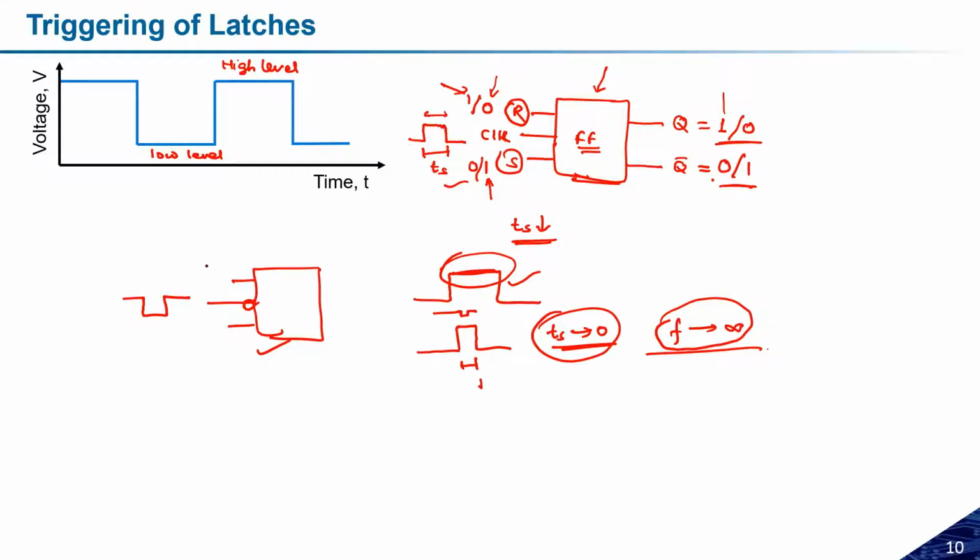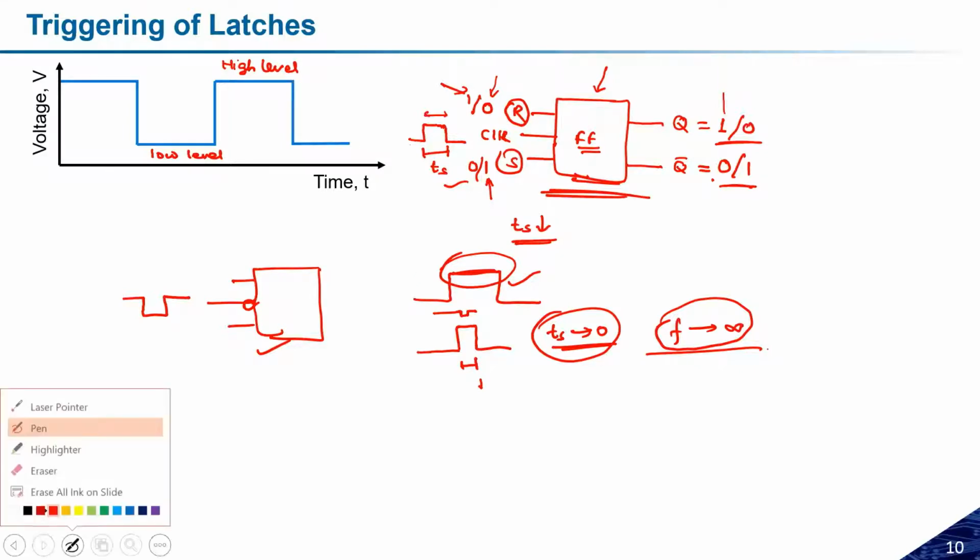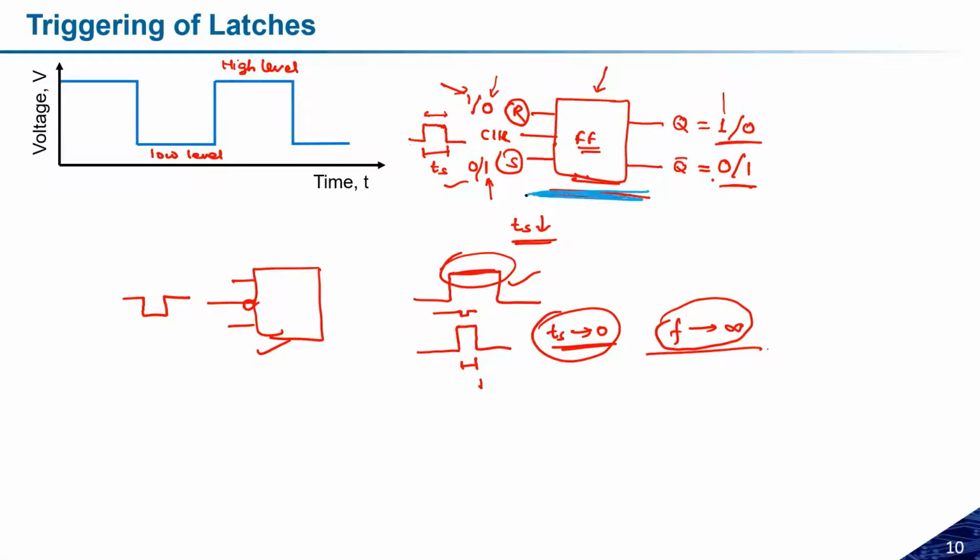See here, if any flip-flop is activating at logic high, then we can call it positive level triggered. This flip-flop is an example of positive level trigger. And this flip-flop, where I'm considering the bubbled clock, we can call the negative level trigger. So these are the two things.